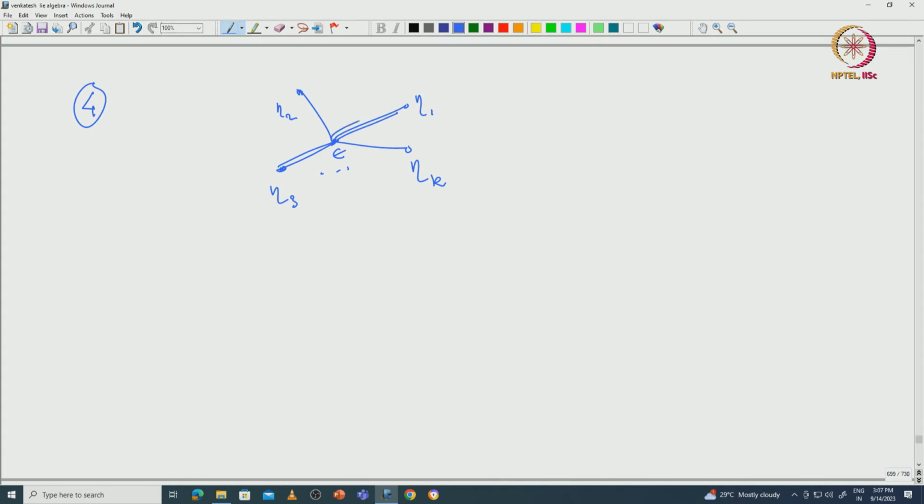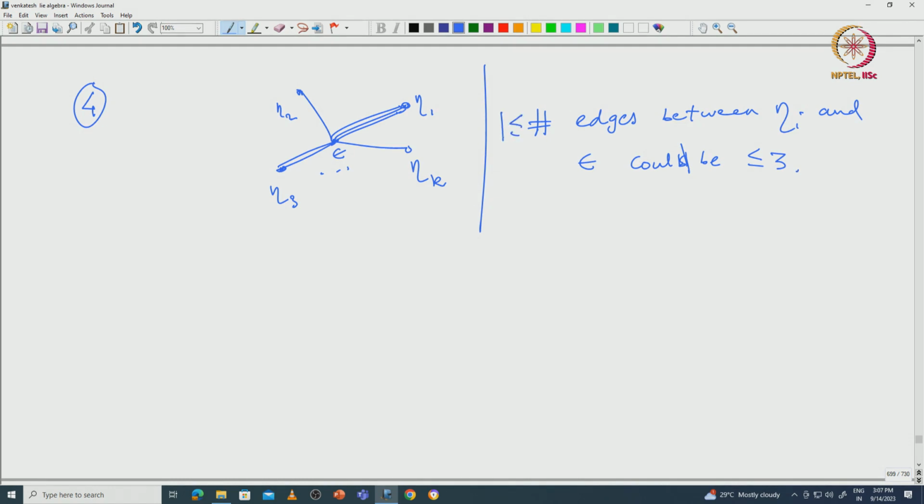There is no restriction that we have so far. The number of edges between eta I and epsilon could be at most 3, and at least 1, because we have assumed there is at least one edge.